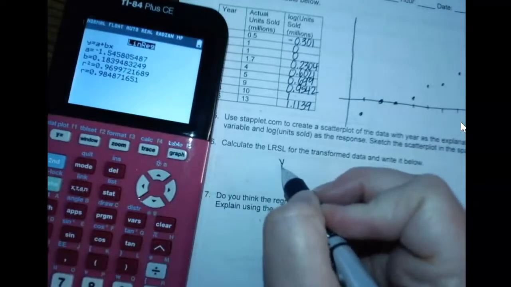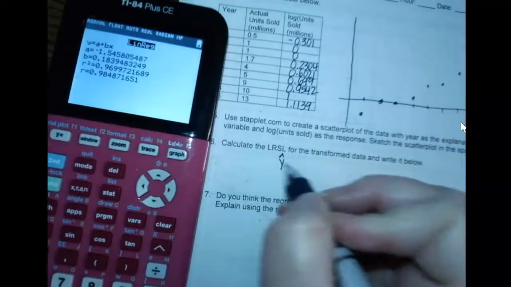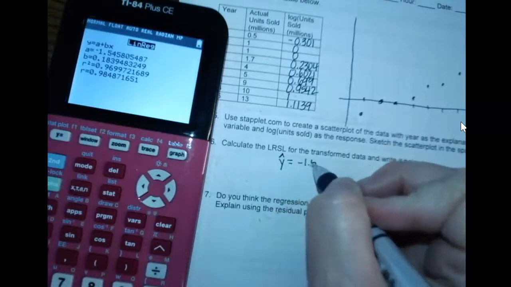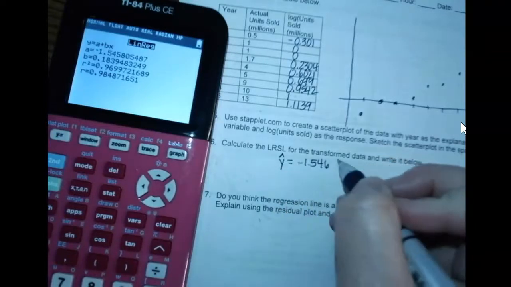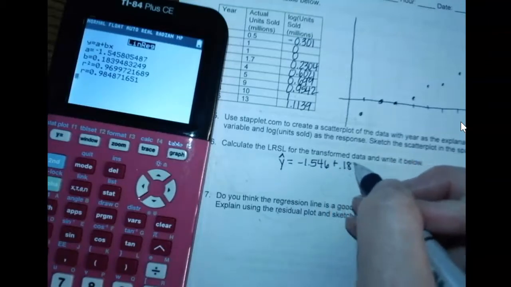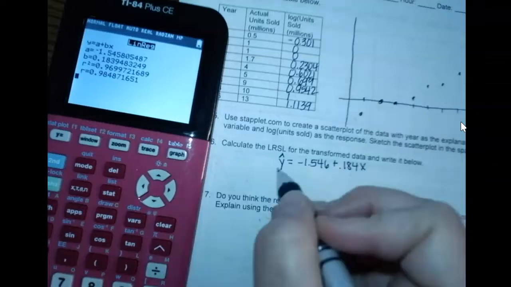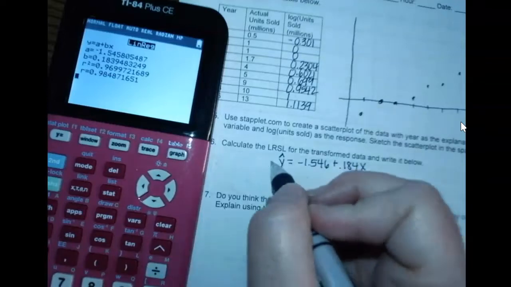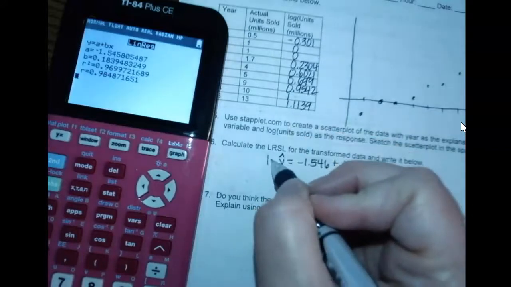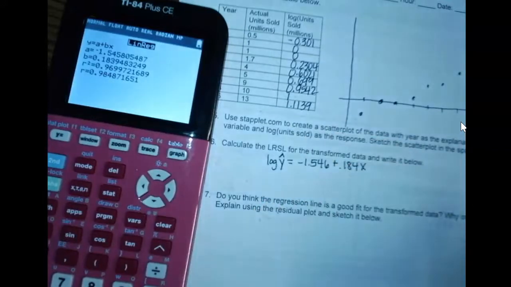So let's take a and b, and we're going to plug them into our regression line formula. So remember, it's y hat equals negative 1.546 plus 0.184x. But remember, that wasn't actually just the y's. What did we do to the y's? We took the log of them, so I'm just going to write log here because we did this.